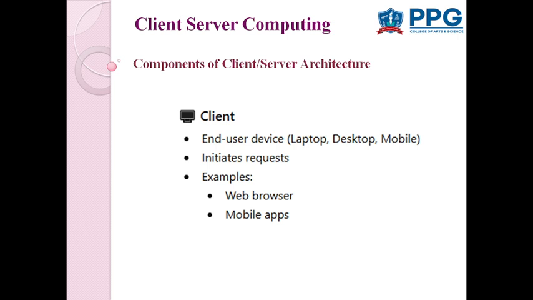That is the main work for the client side. For example, if we have a web browser, we have to open that, we have to type a DNS website and enter. That is the client initiates that request to the server. These are the workings of the client side.